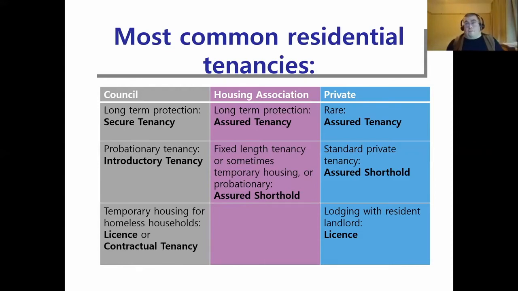And then if you're a private tenant, unfortunately, it's very rare to have long-term protection. You do still get assured tenancies in the private sector, but most landlords would choose to use assured shortholds, which is now the standard. So it's assumed, even if you've got nothing in writing, that your landlord intends giving you a fixed term contract for 6 months.